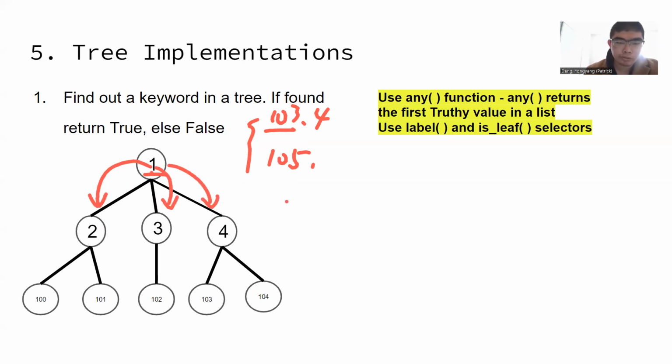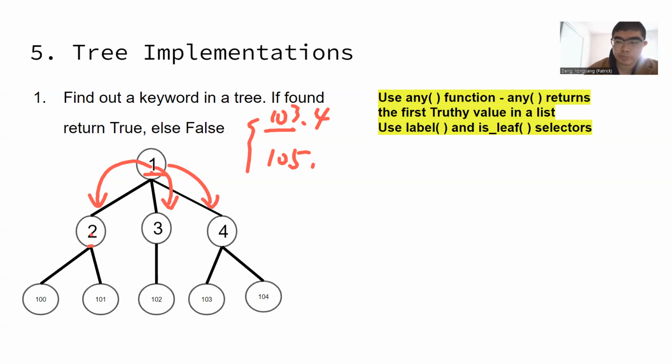So you have a for loop saying for each branch in the branches of this tree, you try evaluating it. If the label is equal to the value we want to find, you just return true. After returning true, since I found it, we don't have to continue traveling, because we found out true.